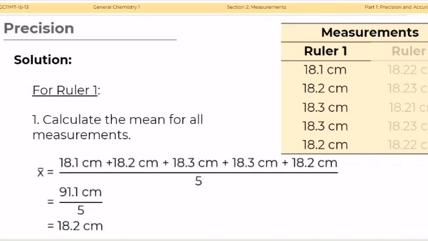The mean is equal to the summation of all the measurements: 18.1 centimeters plus 18.2 centimeters plus 18.3 centimeters plus 18.3 centimeters plus 18.2 centimeters, divided by the number of measurements, which is 5. Adding all the measurements, you have 91.1 centimeters, divided by 5. Doing the operation, you get 18.2 centimeters, which is the mean for the measurements using ruler 1.